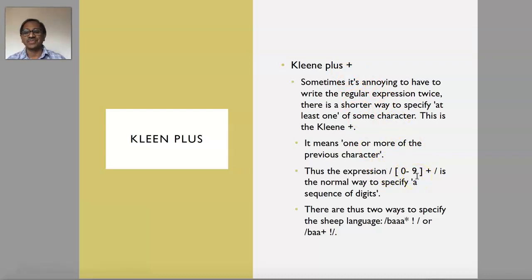Similarly, there are two ways of specifying sheep language. You can do this: BAA star, that means this A is repeated, or you can just say BAA plus, that means one or more A's automatically occurs here. So look at the use of Kleene plus now.